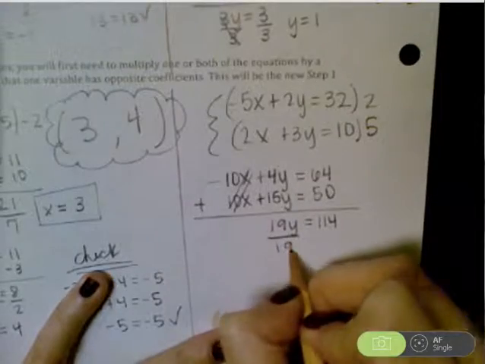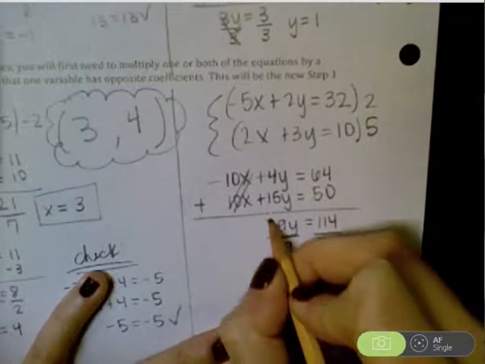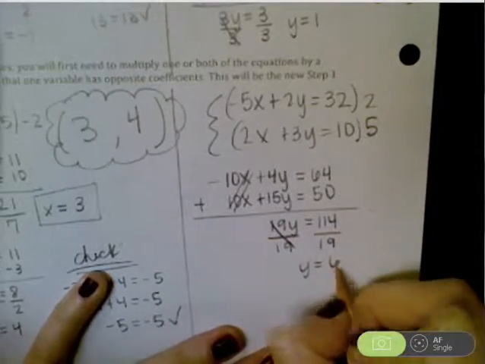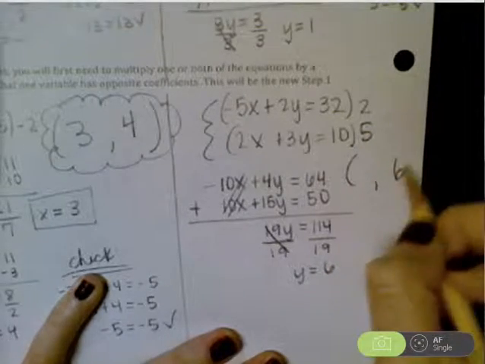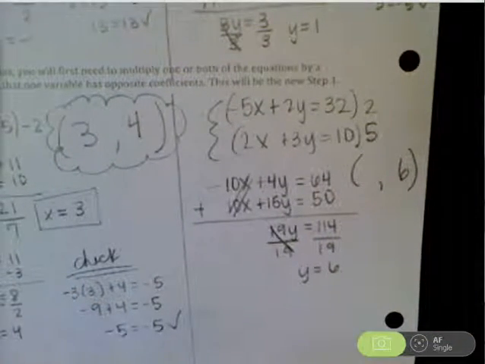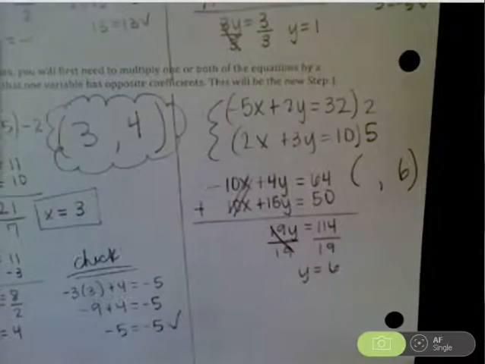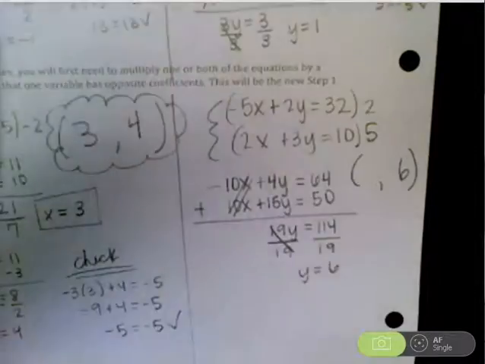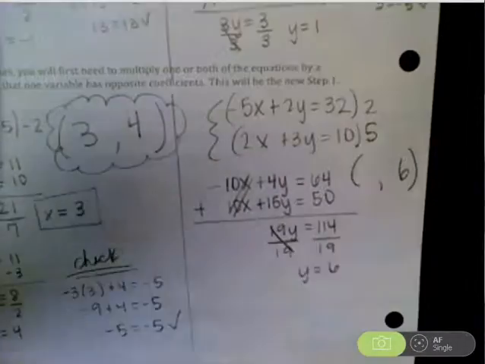Anybody know what 114 divided by 19 is? 6. Very good. So my y value is 6. How do I figure out my x value? Right.